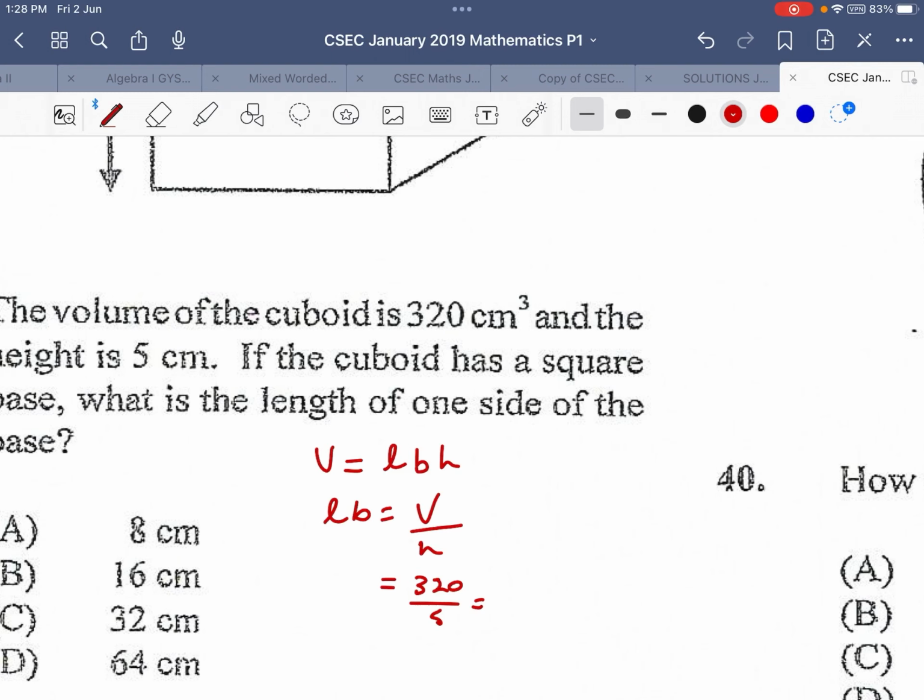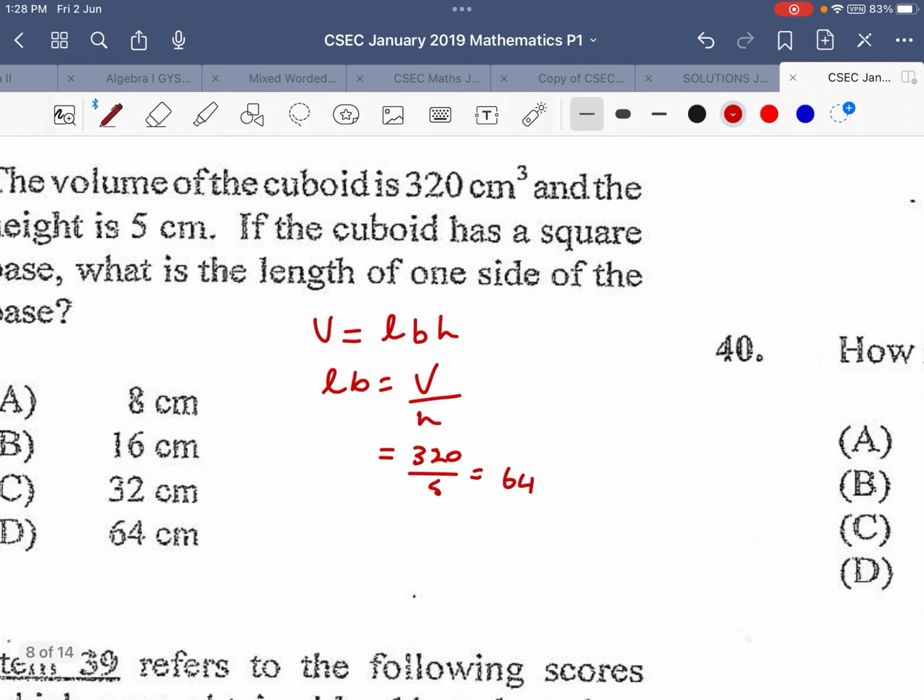And that would be 64, right? So the length times breadth is 64. Of course, it's a square base, so the lengths are the same. The length is equal to the breadth, right? So to find the length, we just find the square root of 64, which is 8 centimeters.